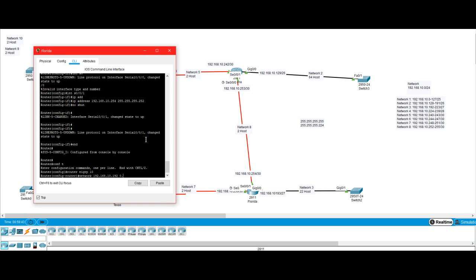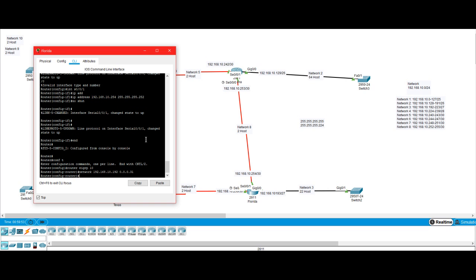So the way you input the wildcard is 0.0.0.31. And that is the wildcard. So unlike putting in regular network addresses, you put in the wildcard here. If you don't put in the wildcard, you're going to run into some problems.